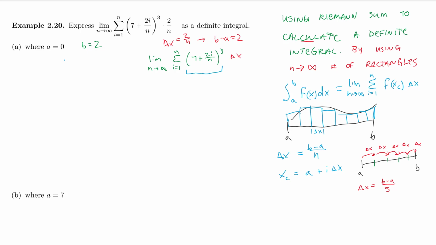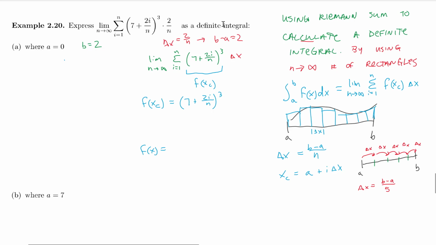And that tells me that this thing right here, the 7 plus 2i over n cubed, must be my function value. Those must be the heights of my Riemann rectangles. So I know that f of x sub c is equal to 7 plus 2i over n cubed. What I'm trying to figure out is what is f of x?